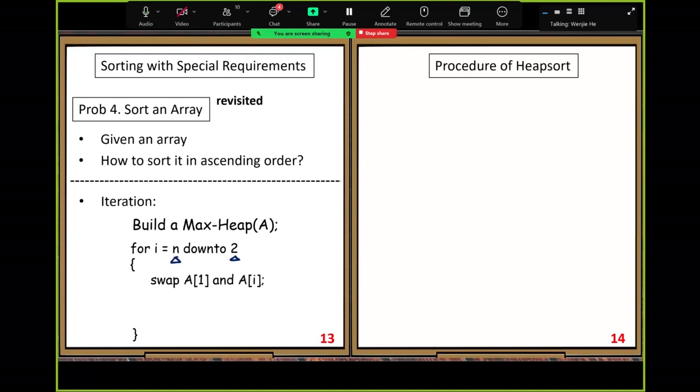Then in each iteration inside the for loop, we swap A of 1 and A of I, the last element in the current max heap.